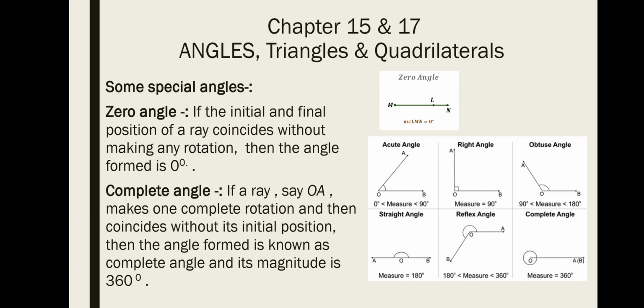Then the angle formed is 0 degree. Complete angle. If a ray, say OA, makes one complete rotation and then coincides with its initial position, like here you can see in the last picture, the diagram is shown of a complete angle. Then the angle formed is known as a complete angle and its magnitude is 360 degree.